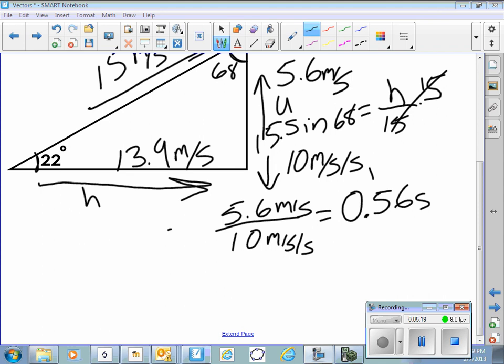Well, gravity is interesting because it will take that long to get him back down to the same place he was when he left the top of the jump. So I'll go up and down that much time. So if I double that time, that will tell me how much time I was in the air total.